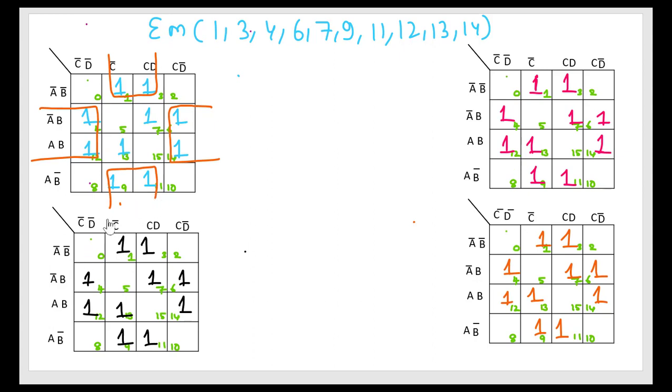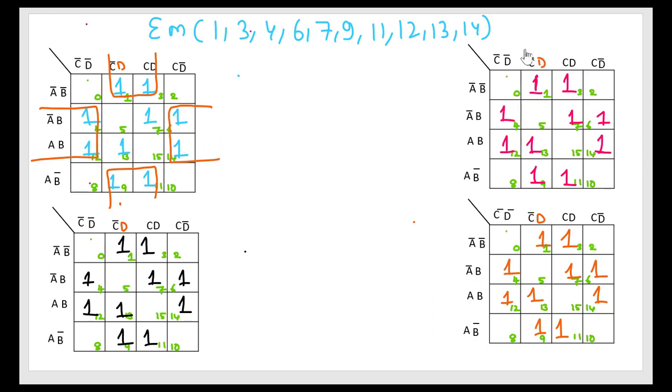quad. So I think there is D missing here. So this is the 2 quad formation. These 2 quad formations are the same for all the 4 K maps because there is no other alternate. This is the biggest group of ones, you cannot omit this one.